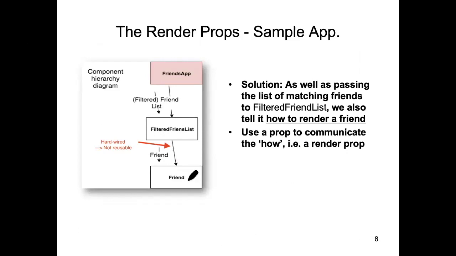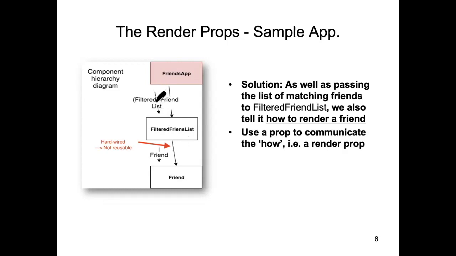Whereas on the previous slide, I have two different ways of rendering a friend, but I'd still like to be able to reuse this component, because what it does is the same between my two applications. It's going to map over an array of friends and produce the output, but the output that it produces is going to be different. So this kind of hard coding or hardwiring or static relationship isn't going to work for me.